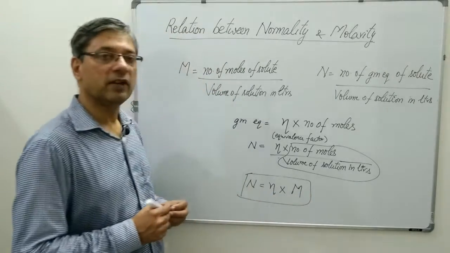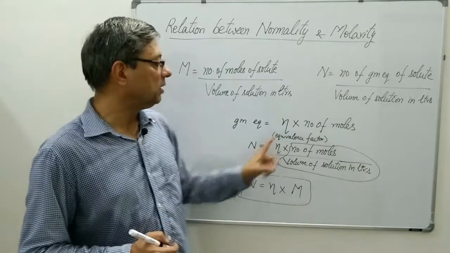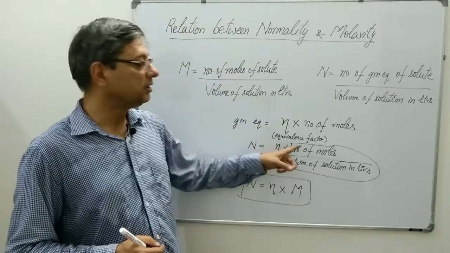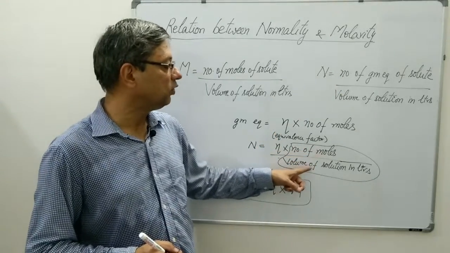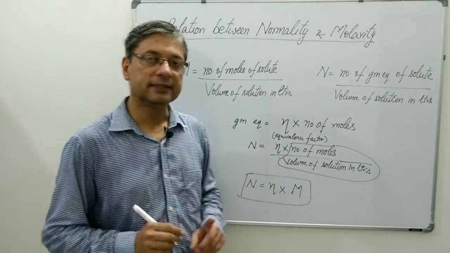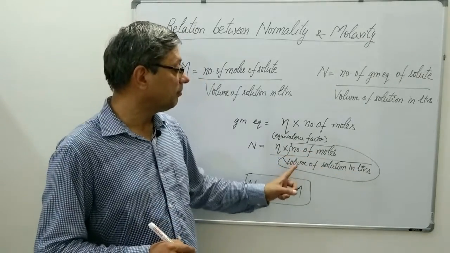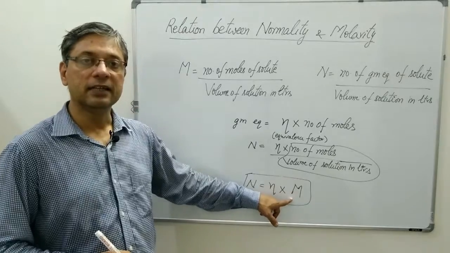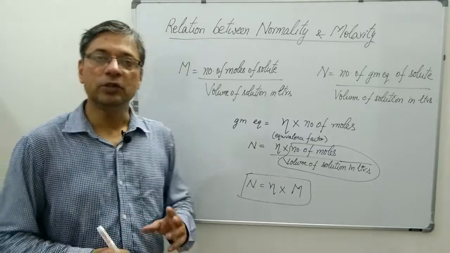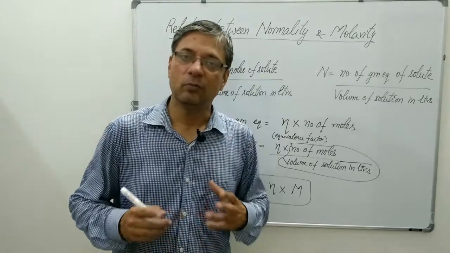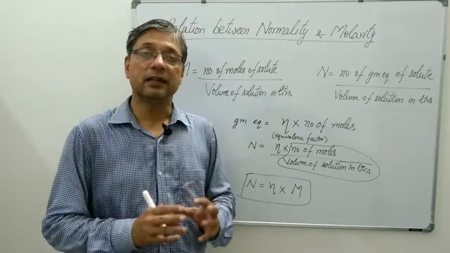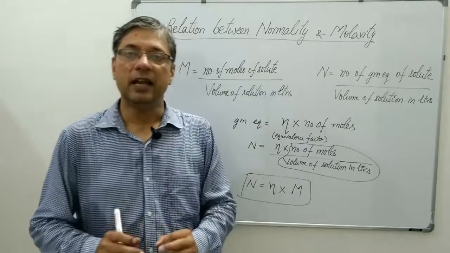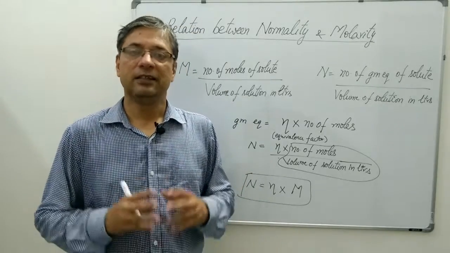By using the gram equivalent formula, the normality formula becomes equivalence factor into number of moles upon volume of solution in liters. Now number of moles upon volume of solution in liters is molarity. So normality will be equal to equivalence factor into molarity. This is the relation between normality and molarity.